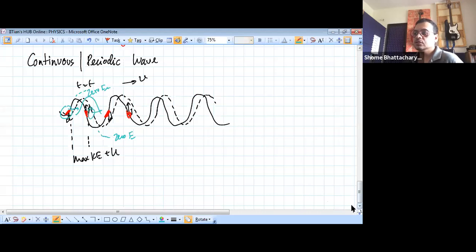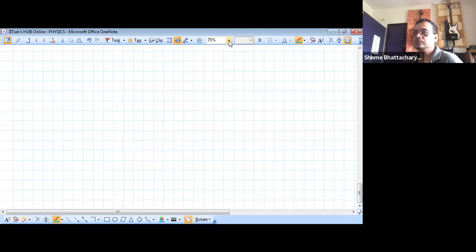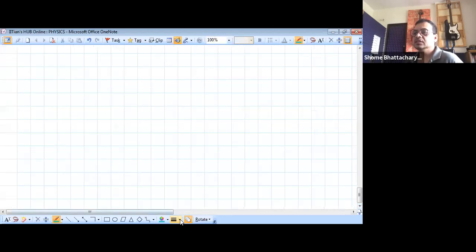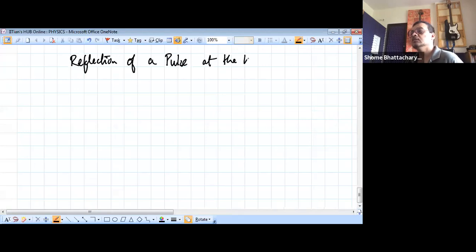So this concept also becomes important in another context. So we'll discuss that. So this continuous delocalization and shifting of energy also becomes important when we consider this next thing, reflection of a pulse at the boundary of a medium.